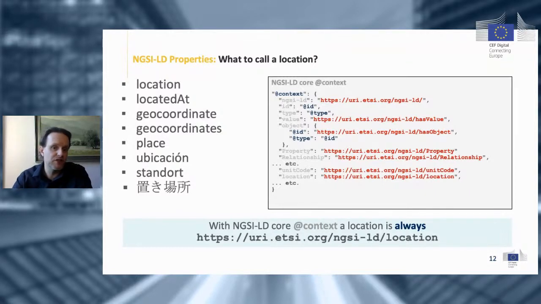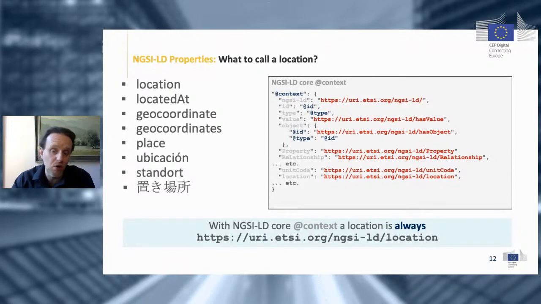So instead of using, say, geocoordinate or located at or Standort for where you are, it would always, in an NGSI-LD system, be location, and that would always map to an NGSI-LD location using that URI as defined in the core context. This means that you can confidently do things like geofencing, knowing what the default is.